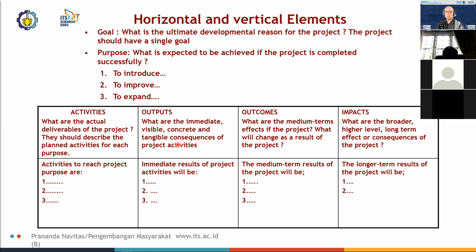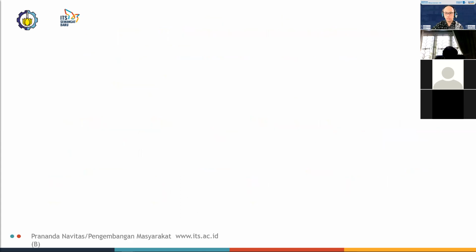For example, it was previously 25%. Medium term would be a 10 to 15% increase, and then the impact would be 100% literacy rate among adults within a community. But that's how I illustrated that. As I mentioned, we need to establish the immediate output. The outputs first, and then the outcome, and then finally we project the impact.